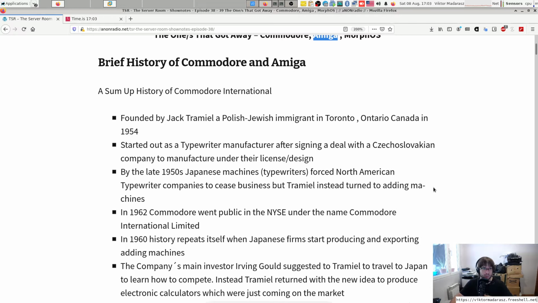To start this brief history, I brought it together with the help of the Wikipedia page on Commodore International. It was founded by Jack Tramiel, a Polish Jewish immigrant, in Toronto, Ontario, Canada in 1954.